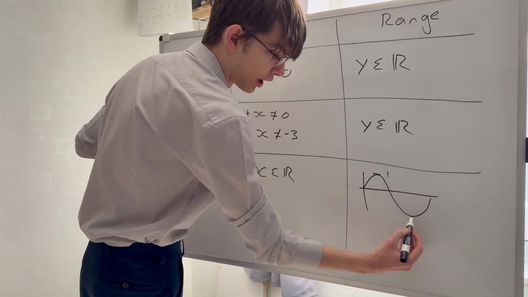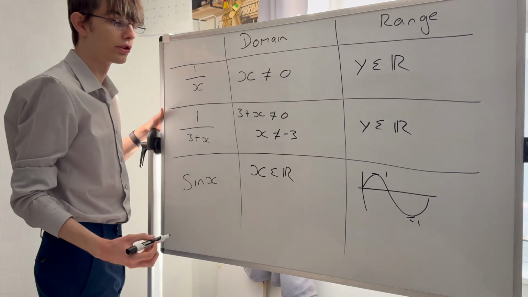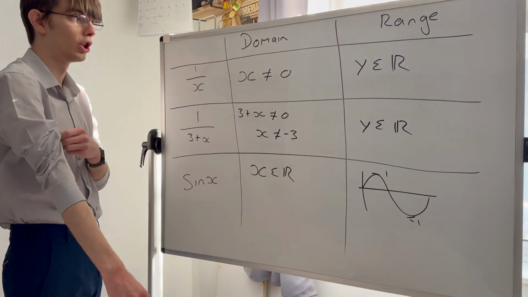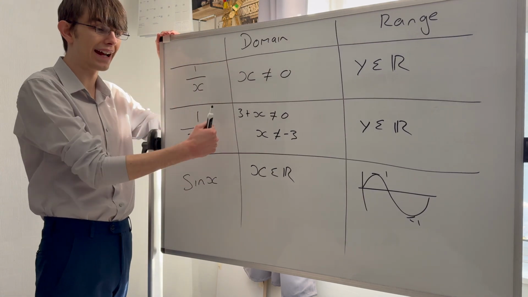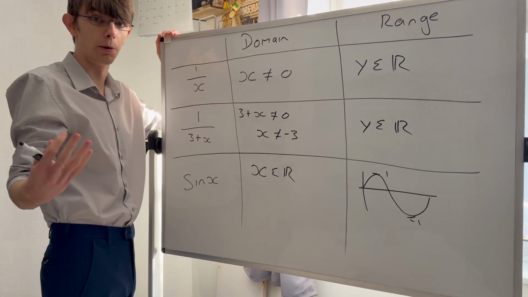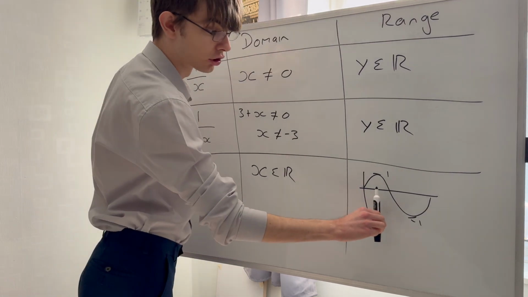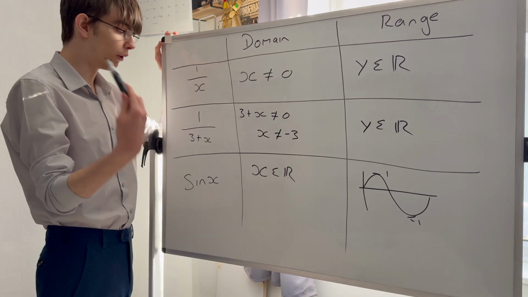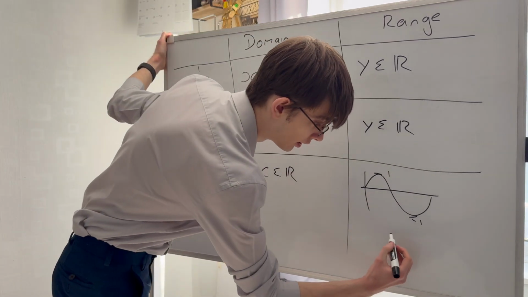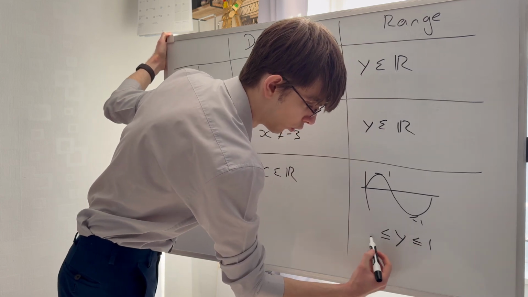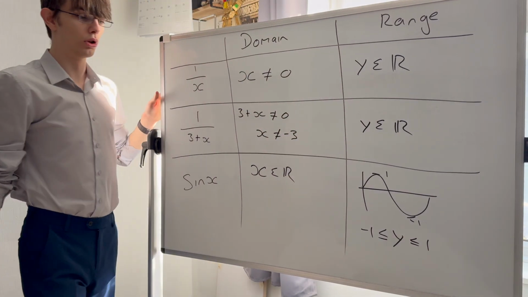It never goes higher than 1, it never goes lower than -1, but it continues on infinitely in both directions. My domain, my input, my x value goes on forever. My range, my output, or my y value gets cut off at 1 and cut off at -1. So the range for sine of x is y has to be less than or equal to 1 and greater than or equal to -1.